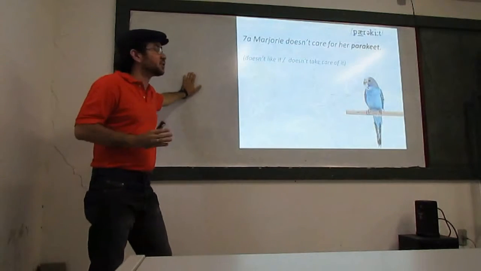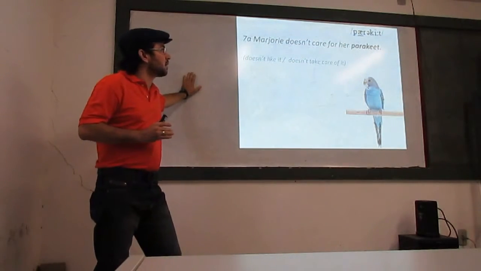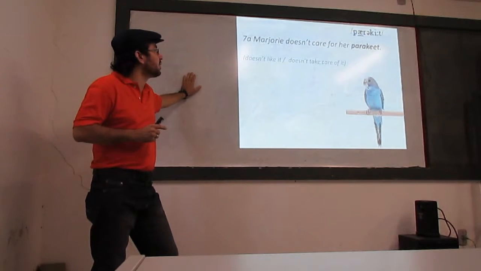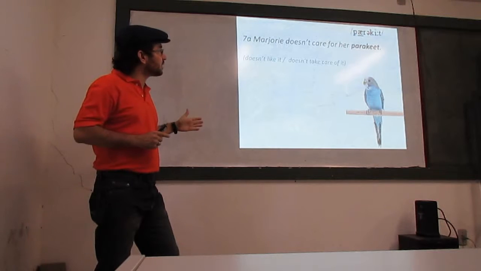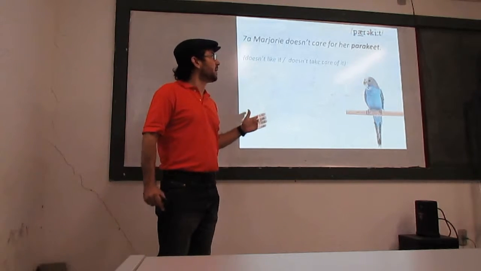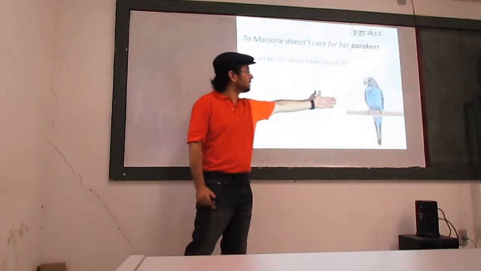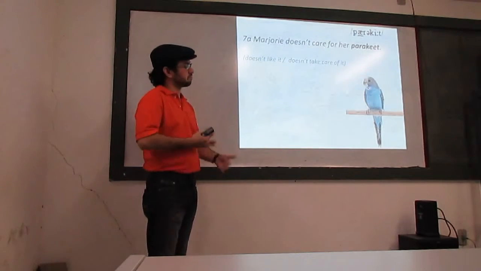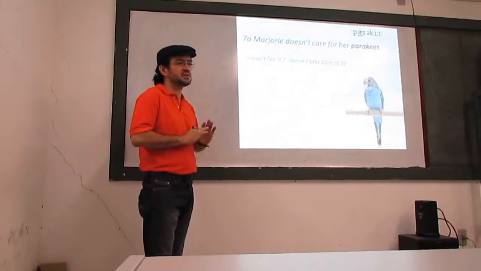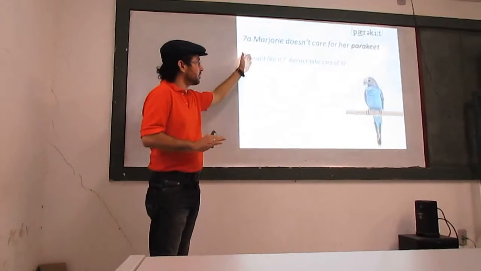let's see some examples of ambiguous sentences. For example, we have the sentence 7a: Marjorie doesn't care for her parakeet. Okay, parakeet is the bird, this kind of bird. So Marjorie doesn't care. Okay, the parakeet is not important for Marjorie.